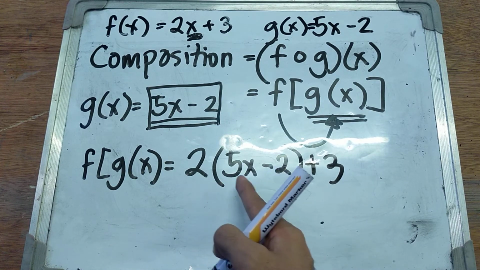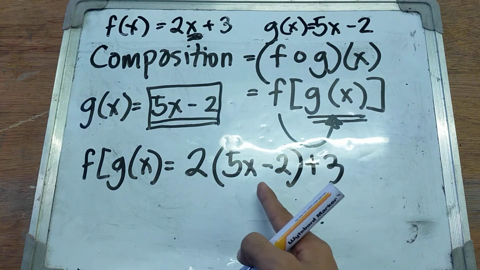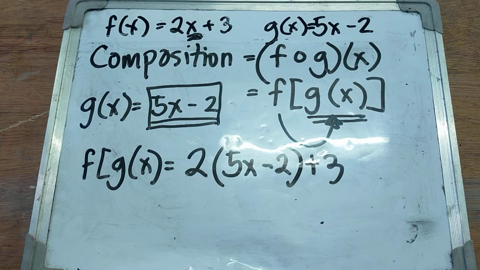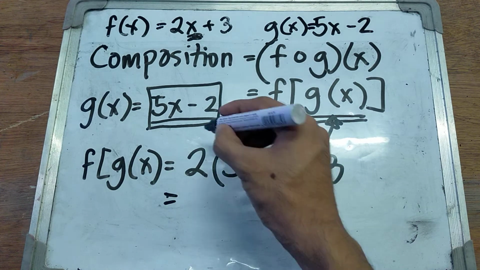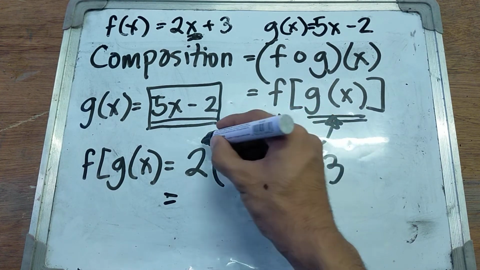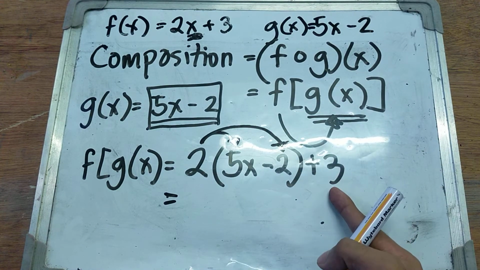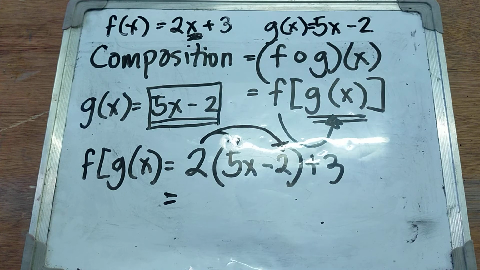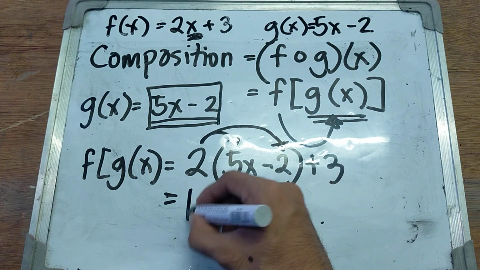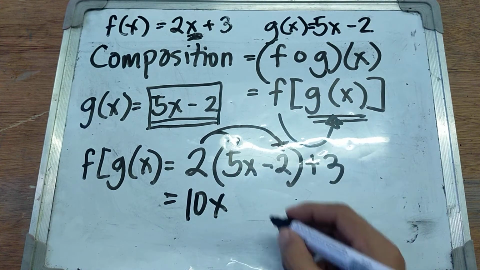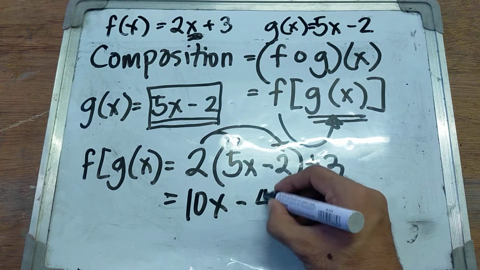We have 2 times 5x minus 2 plus 3. Next thing is to multiply 2 from each term, except sa 3. Okay? Kasi nasa labas siya ng parenthesis. Okay? So, we have 2 times 5x, we have 10x. And then, 2 times negative 2, we have negative 4.